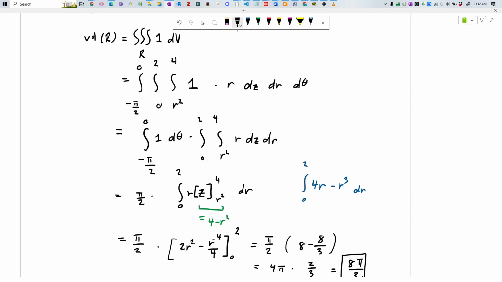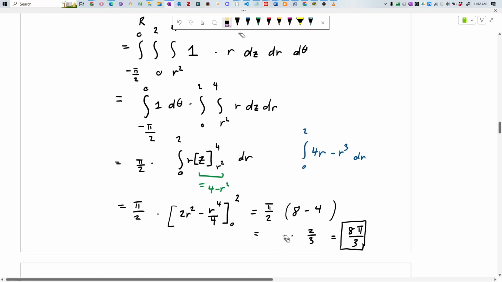Evaluating at 0 is still 0. Evaluating at 2 is going to be something different. 2 times 4 is 8, minus 2 to the 4 is 16, 16 over 4 is 4. So now the calculation is even simpler. That's a bit surprising. So 4 divided by 2 gives me 2 pi.